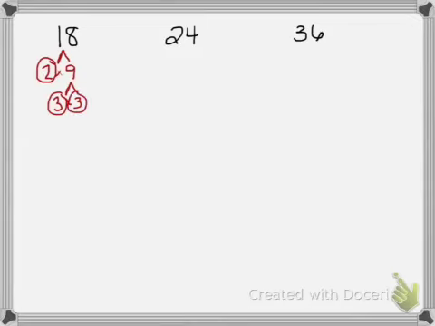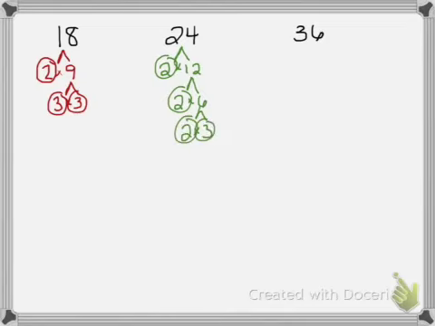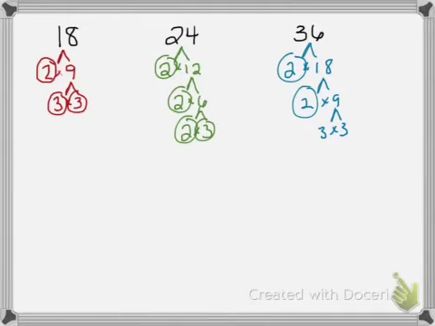So we're done. Let's go to 24. 24 is made up of the factors 2 and 12. And 12 is made up of 2 times 6 and 2 times 3. Finally, we'll do 36. 36 is 2 times 18, 2 times 9, and 3 times 3.